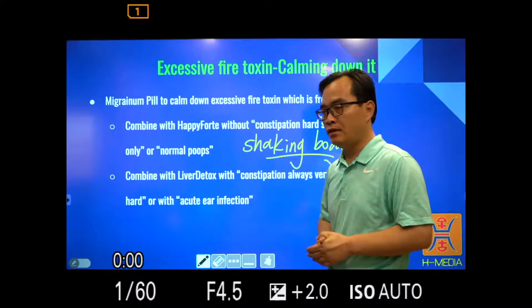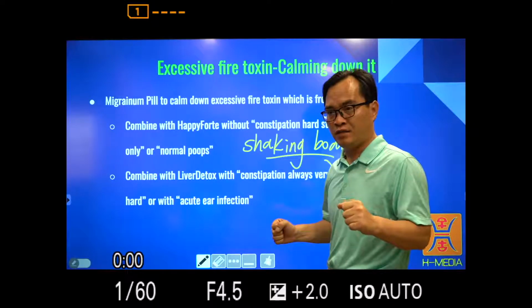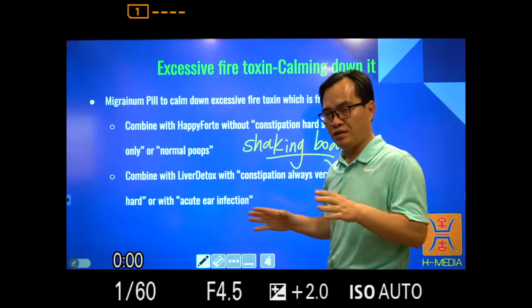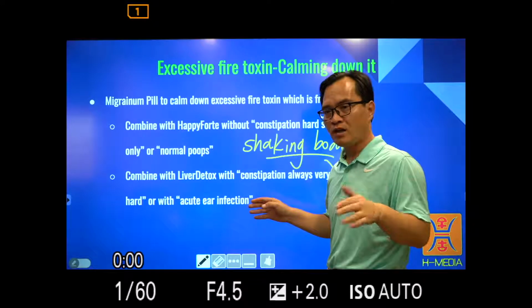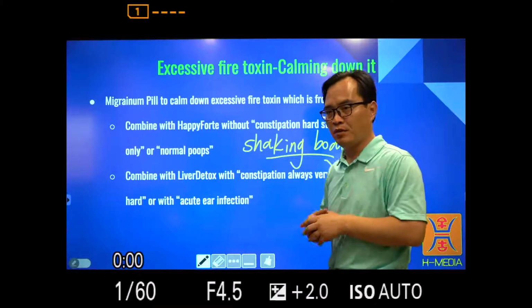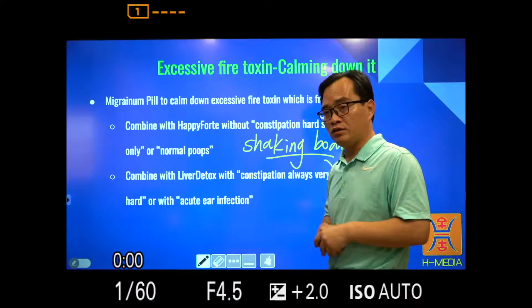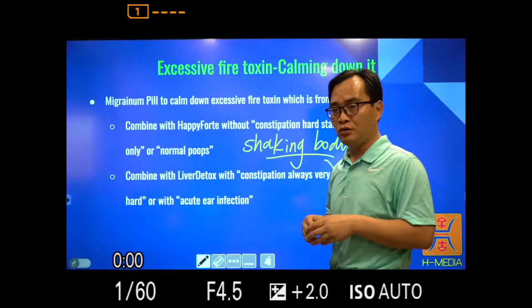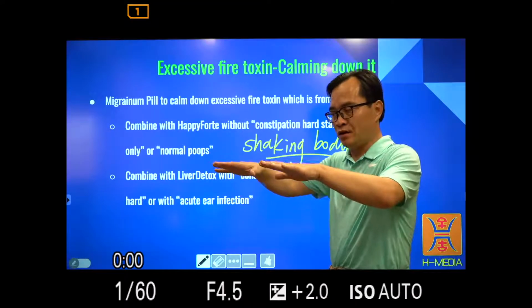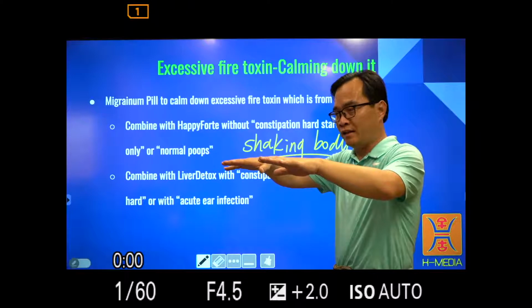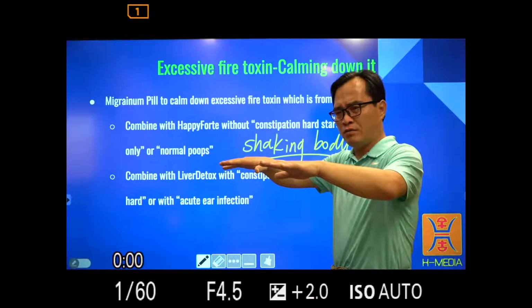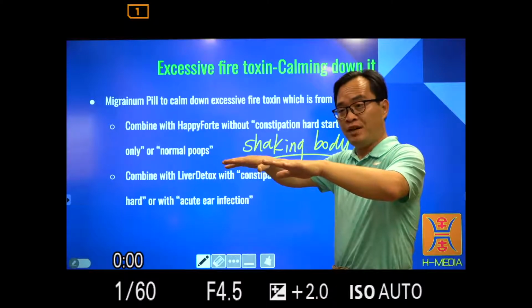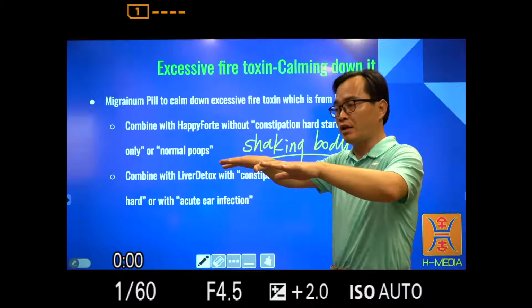Before, we also explained that some people's body shaking is very serious, and you can see it very well. But some people's is not so serious, it's slight. How to tell? You can ask the person to stretch out his hand. Generally, a normal person has very little shaking, so little you even cannot see it.